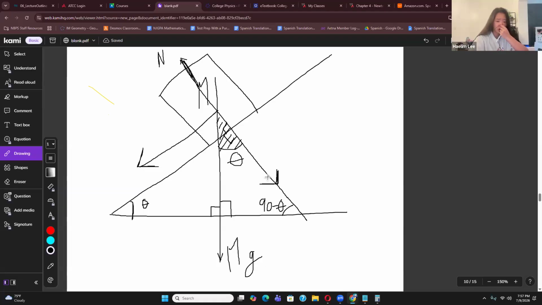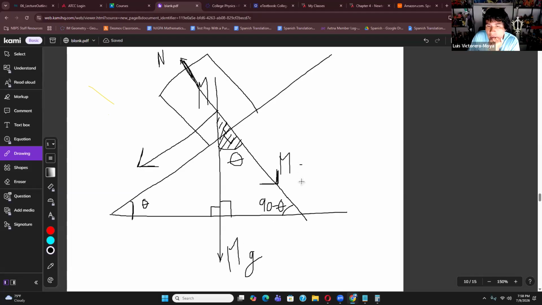Yeah, okay. So if that's the adjacent, this will be mg cosine theta. Adjacent over hypotenuse is cosine. You see it?